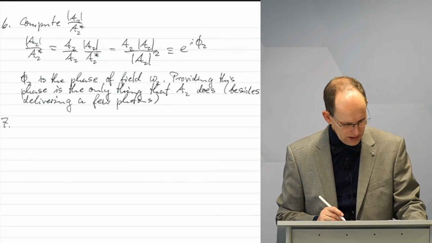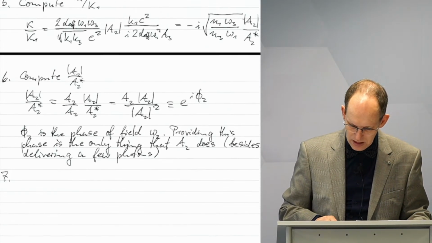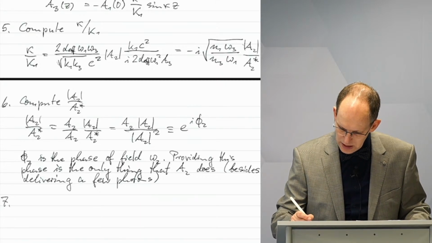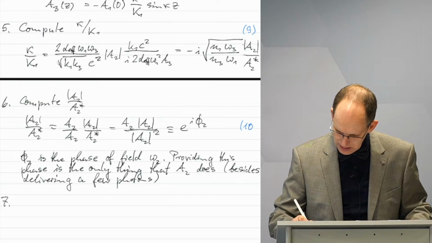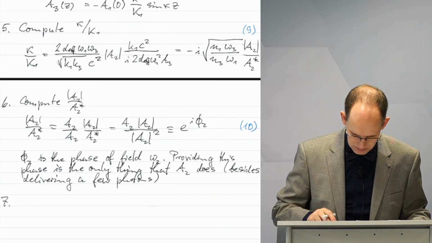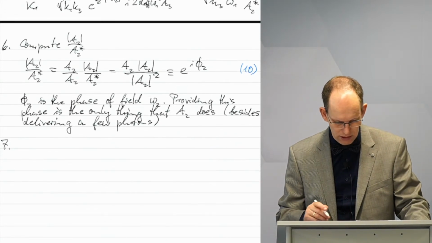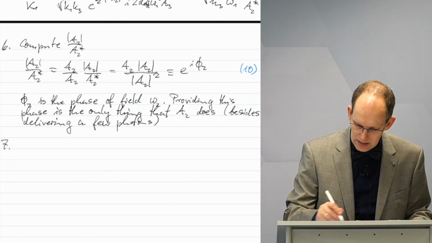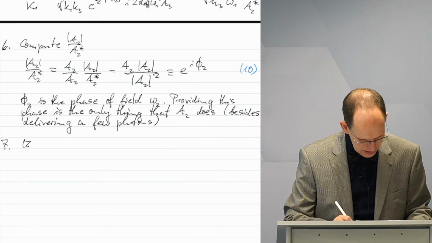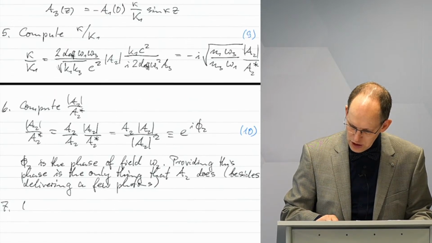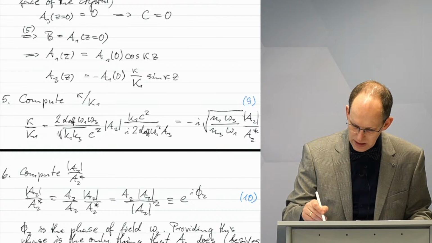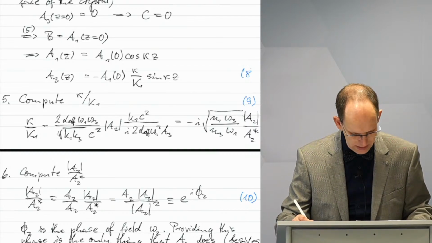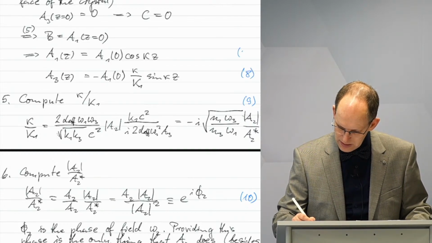Now we use these two expressions, 9 and 10, in order to write down the more or less final result. So we substitute 9 and 10 in equation 8, so A3 in this equation 8, and this is then 7.